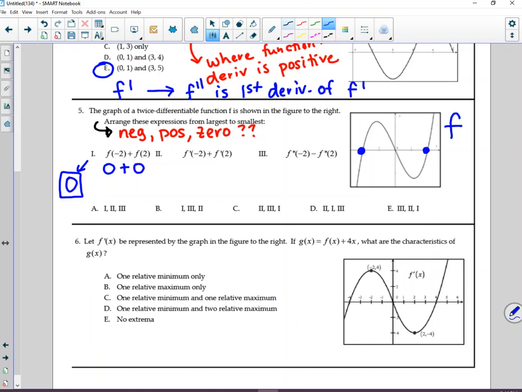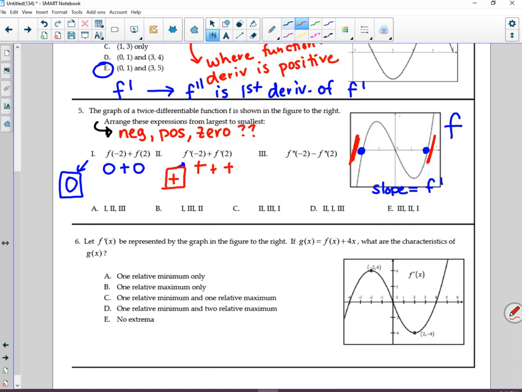f prime at negative 2. If we're looking at the f graph, the slope of the f graph is f prime. So f prime at negative 2 is positive, because there's a positive slope at negative 2. f prime of 2 is positive. So a positive and a positive is always going to be a positive.